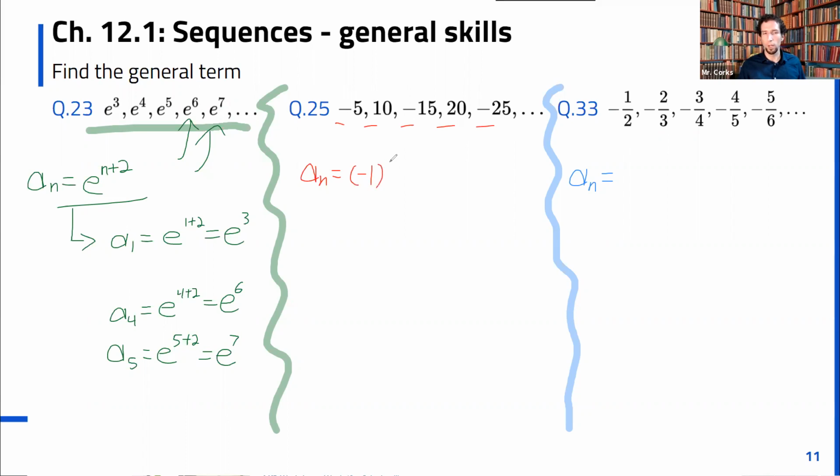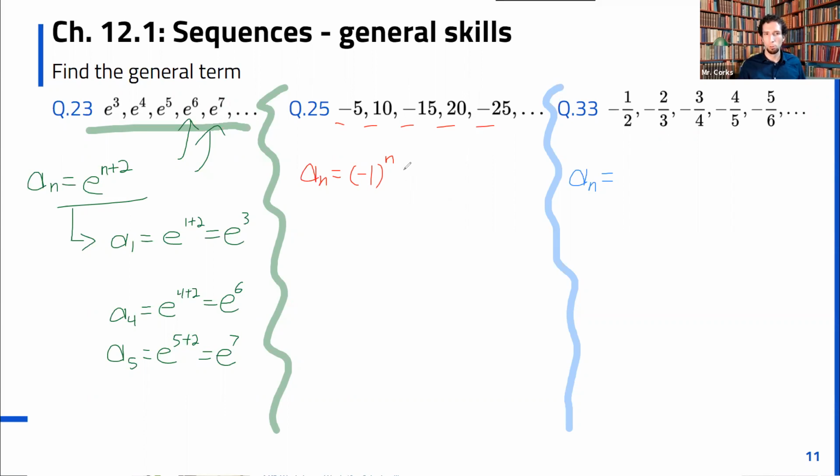All right, negative 1 to the exponent n. So when n is 1, this is negative. When n is 2, it turns positive. When n is 3, it turns negative again. 4, positive. Okay, so that gives us the positive and negative parts. Now we can take care of the 5, 10, 15, 20, 25 part. What can we do for that?